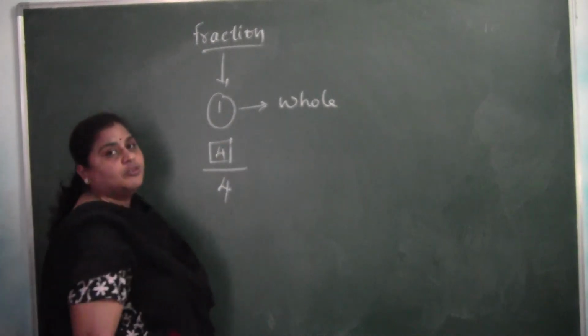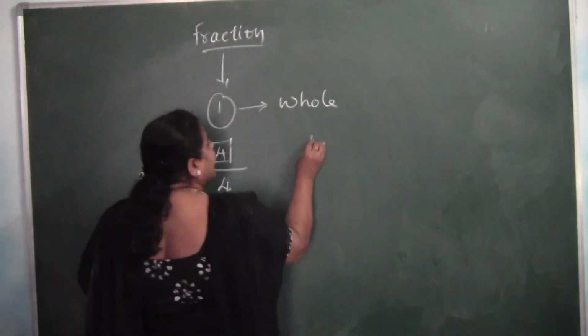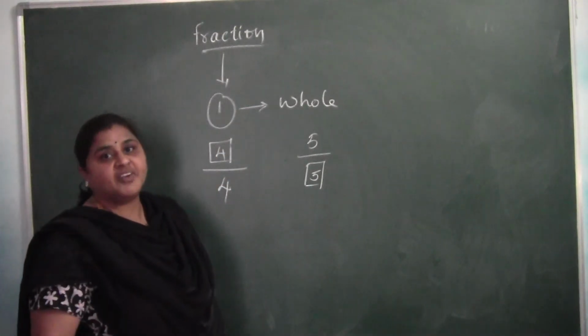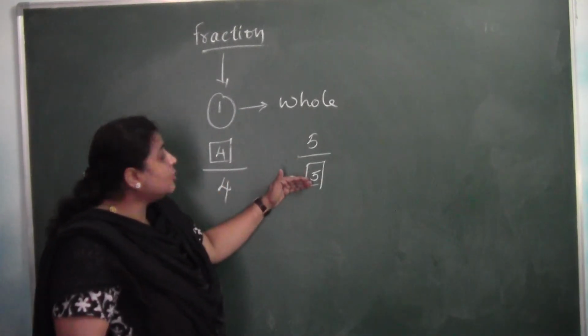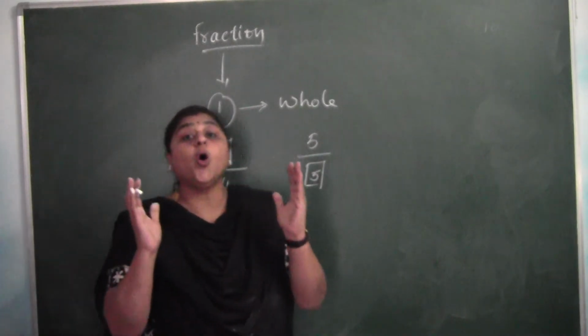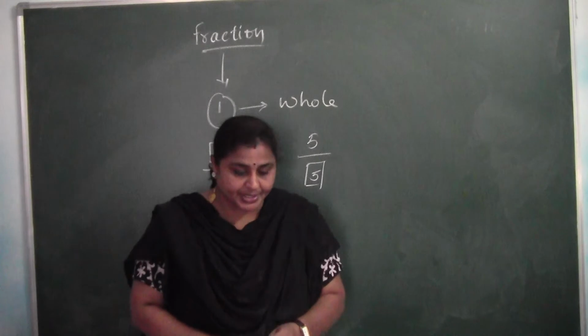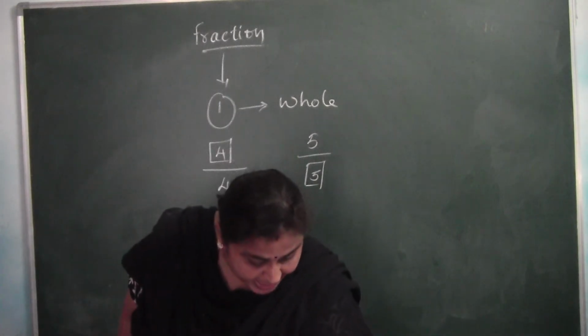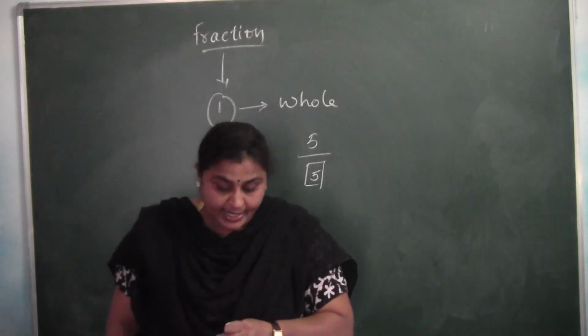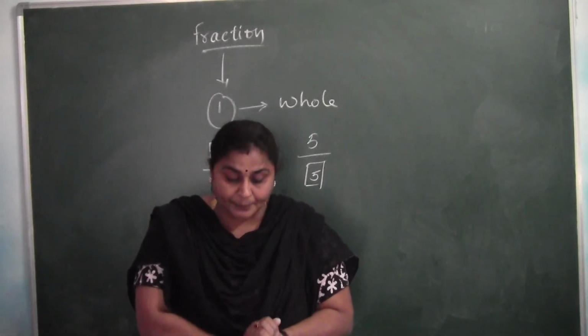See, 4 by 4. If I have 5 by, there is a box, simple, 5 by 5. So when the numerator and denominator are the same, then the fraction is a whole. Got it children? Next, this is about your exercise 1.1. Next, coming to your exercise 1.2.